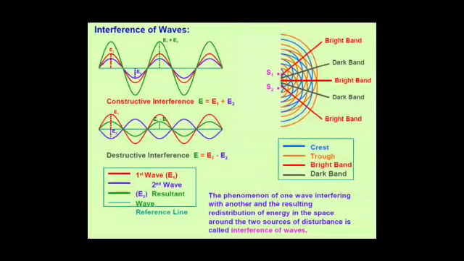In case of light, we obtain fixed bands of color, that is the bright band and the dark band, and this pattern is known as interference. It's written in the slide also. The phenomenon of one wave interfering with another and the resulting redistribution of energy in the space around the two sources of disturbance is called interference of waves.